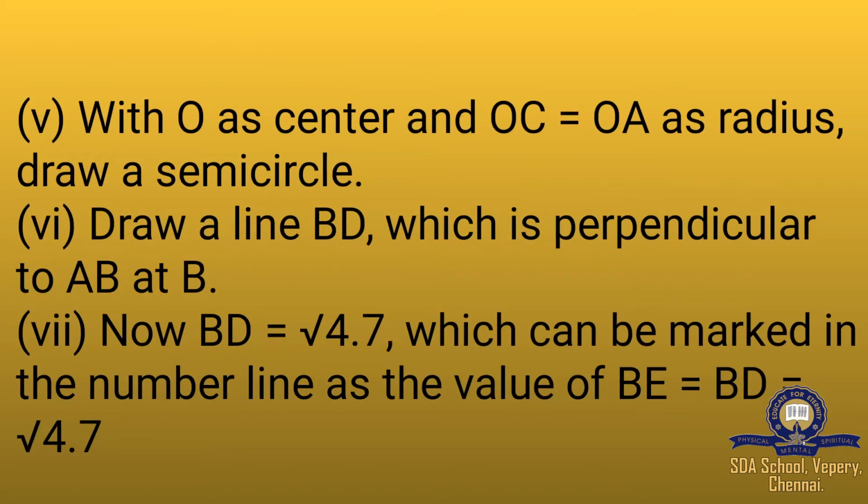And after drawing the semicircle, you have to draw a line BD. Now this BD is nothing but root 4.7. You can mark the same on the number line, that is, BE equals BD equals root 4.7.